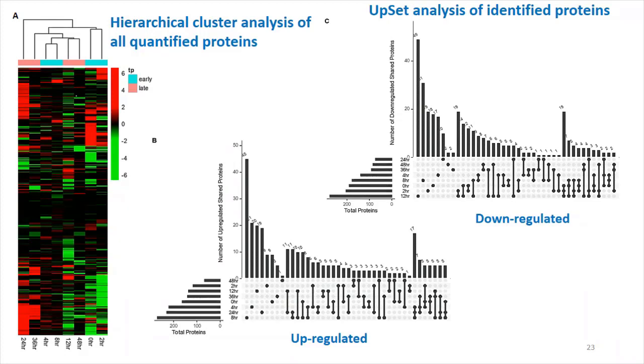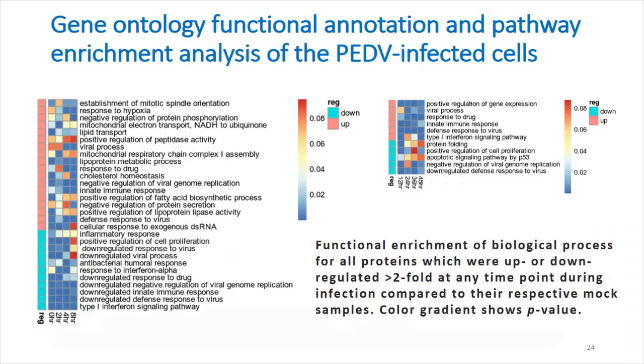In this upset analysis graph, we try to show for each time point the group of proteins which have been downregulated or upregulated, and after doing this type of research, we come with this type of analysis, which actually confirms many published data.